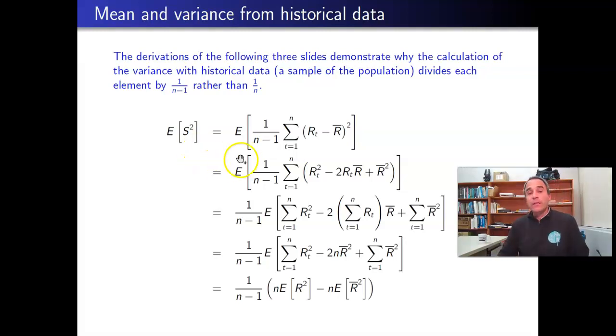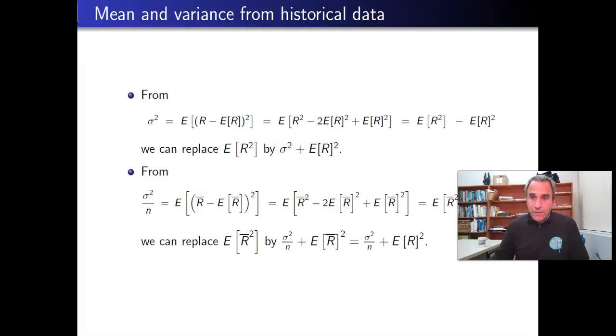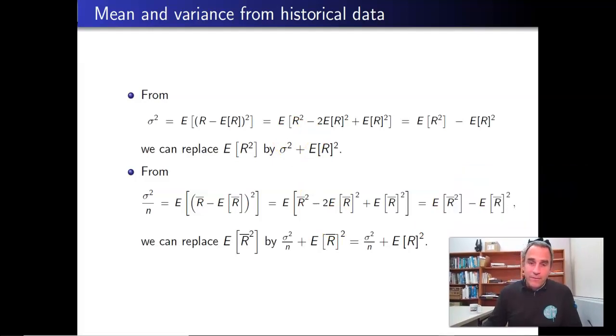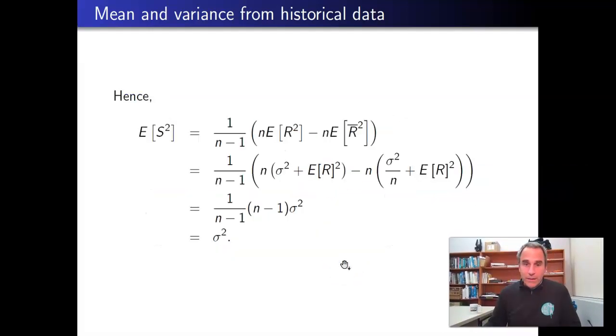If I compute the expected value of s squared, I develop s squared and separate all the components of s squared. Eventually, when we simplify everything, we end up with an expected value of s squared which is equal to the true population variance.